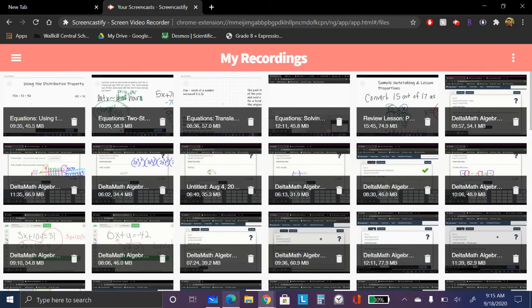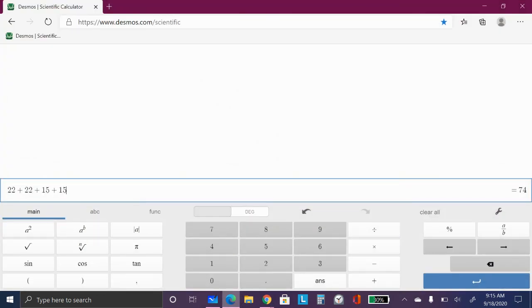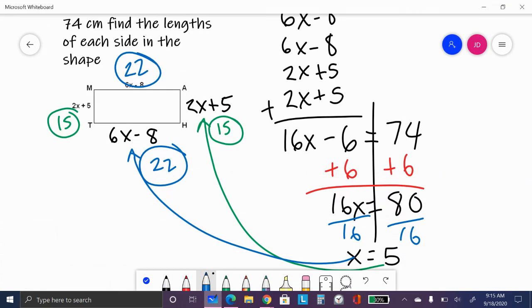That's our perimeter. Look at that. Got so excited, went to the wrong tab. All right, so 22 plus 22 plus 15 plus 15 is 74. So the longest side is 22.